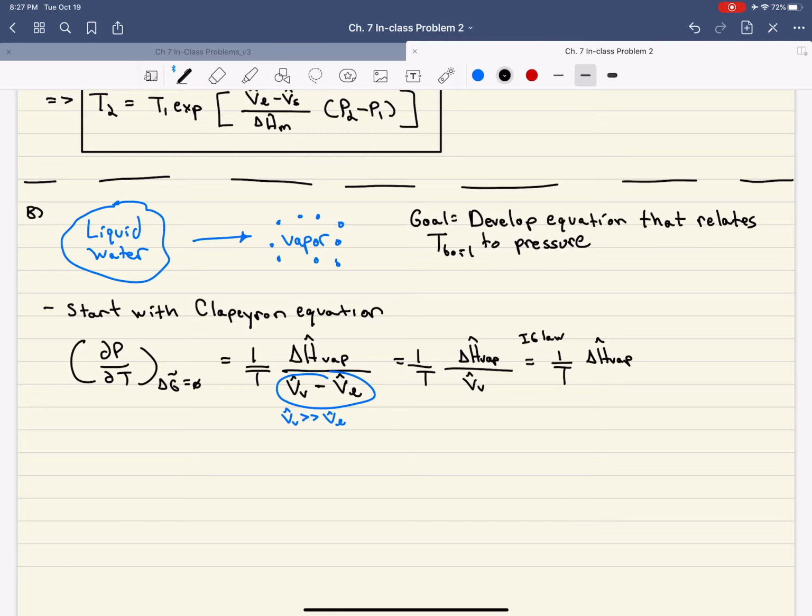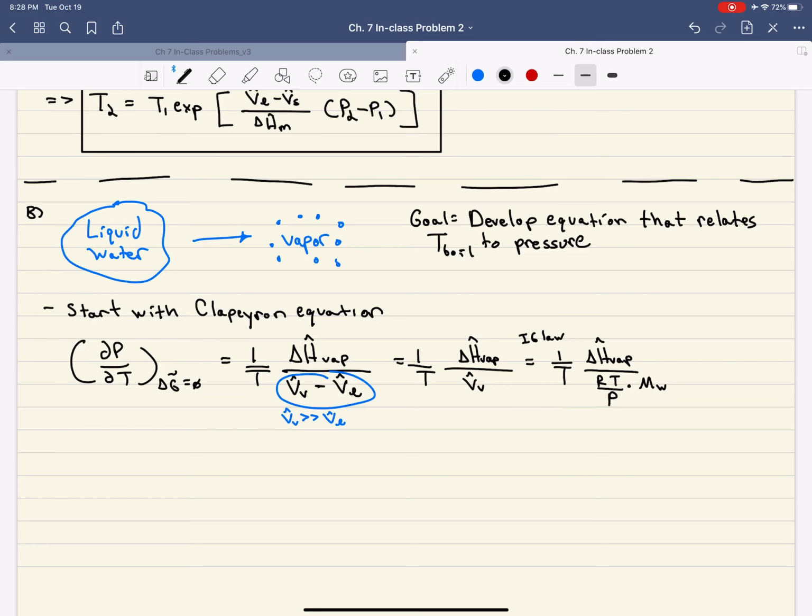We could relate that to temperature over pressure, P. And in order to get this in terms of moles, we also need to multiply it by the molecular weight of water. Okay, all right.